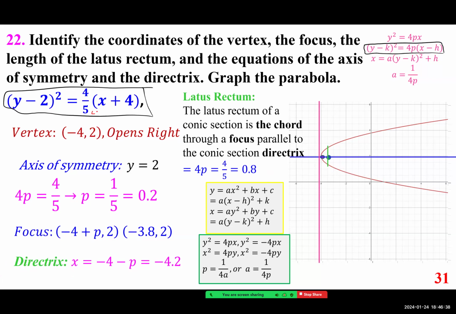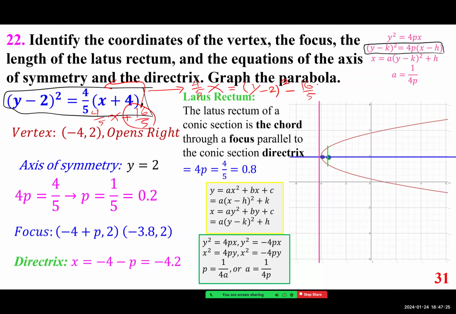If you write this as 4/5 x plus 16 over 5 and move this way, you get x equals y minus 2 squared, I mean 4/5 x is y minus 2 squared minus 16 over 5.